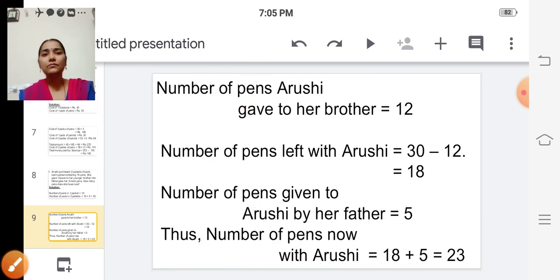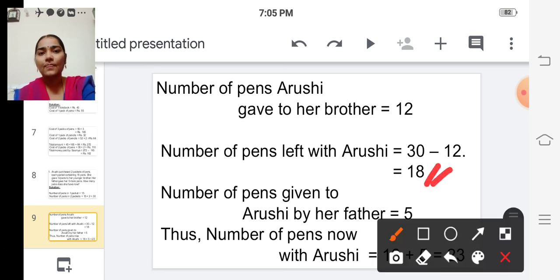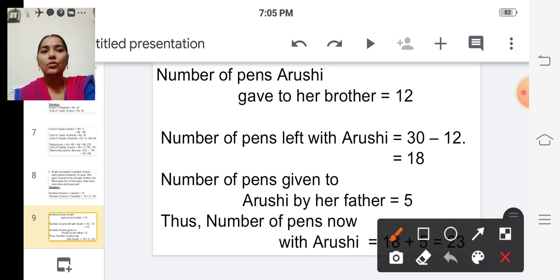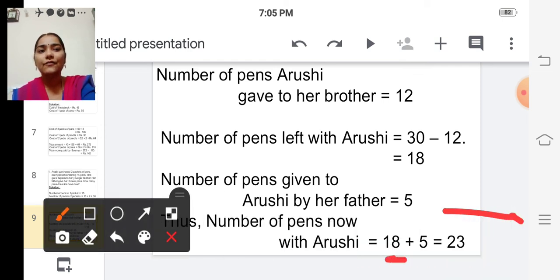And her father gave her 5 more pens, isn't it? So we have to add those 5 pens to this 18. Then we'll get the total number of pens Arushi is having. Thus the number of pens now with Arushi is equal to 18 plus 5.